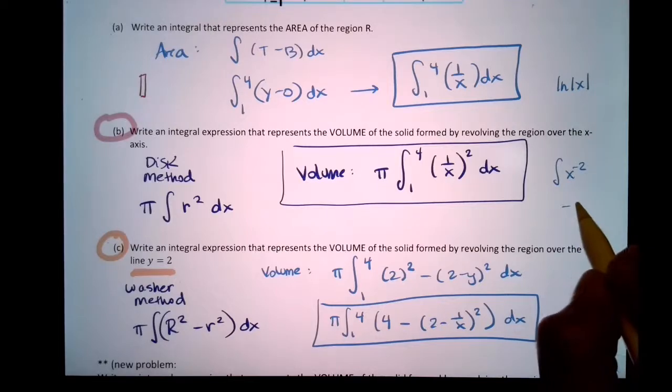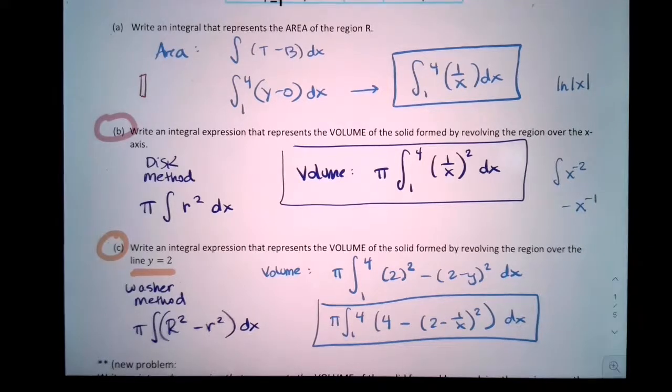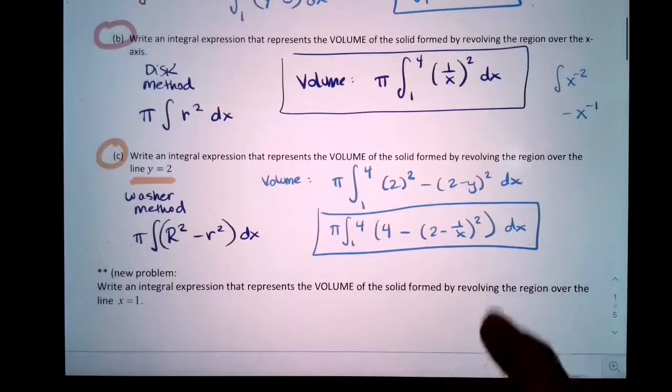You're adding 1 to the exponent and dividing by your new exponent. So just worth noting that those are very similar looking integrals, but they have very different looking antiderivatives. You have a good amount of algebra work that you'd be facing on part C. But again, all of these are doable. You have the mechanics to do it.